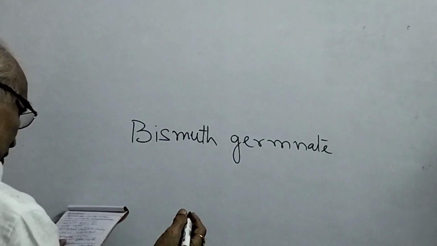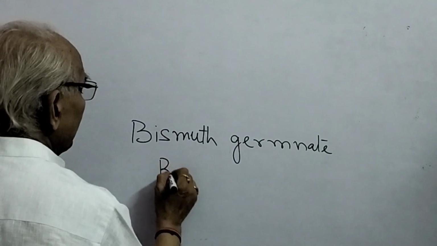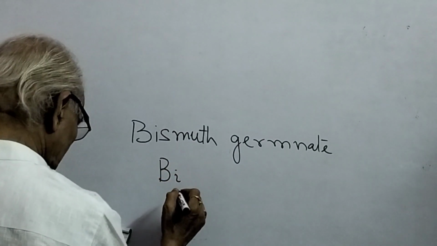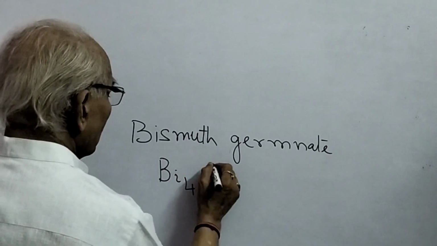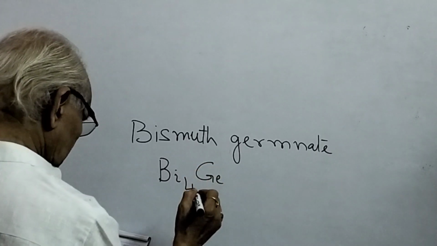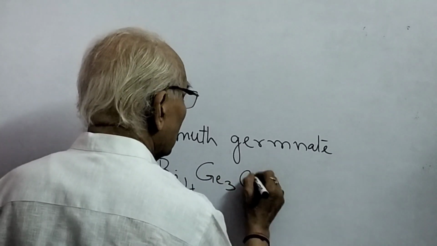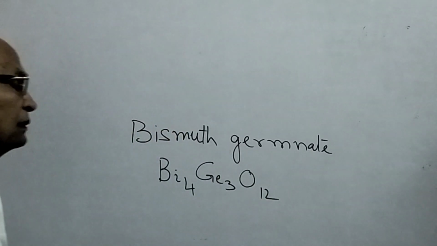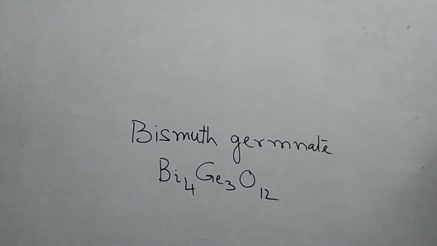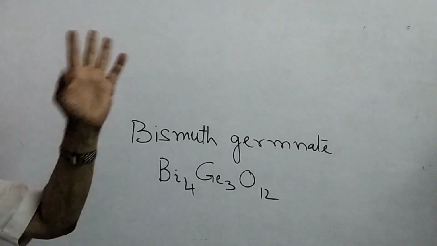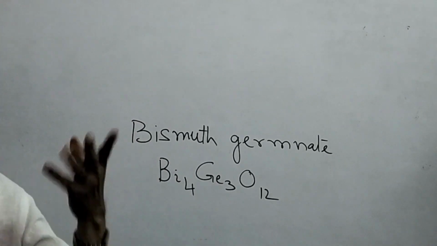Bismuth germanate is a crystal which has bismuth 4, germanium 3 and oxygen 12. This is a new, costly crystal, which is used now in the laboratories in place of sodium iodide, etc.